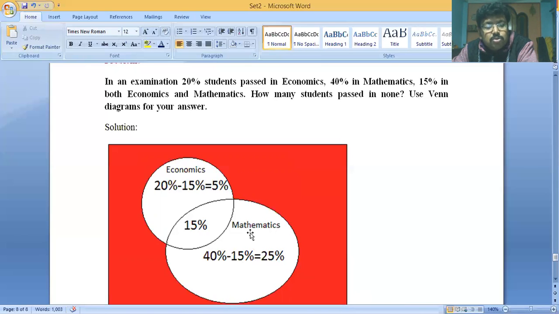Now we have to find out how many students passed in none, neither economics nor mathematics.